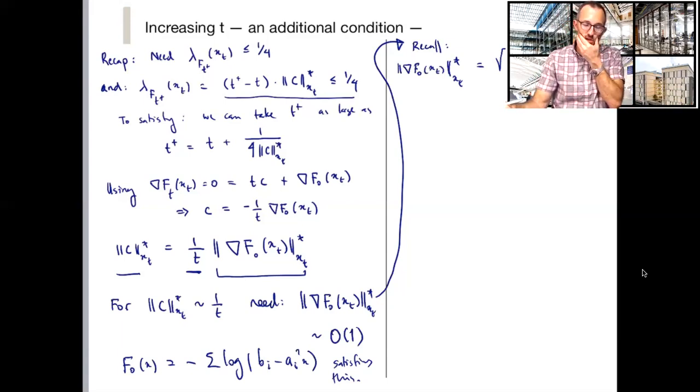At this point we just need to put this as a condition. This is what we need, and we've gotten to the point where we're not going to derive this from something else. We've exhausted our use of properties of f0, so I'm going to search for a condition that basically tells me that this thing is controlled, that it's order 1.